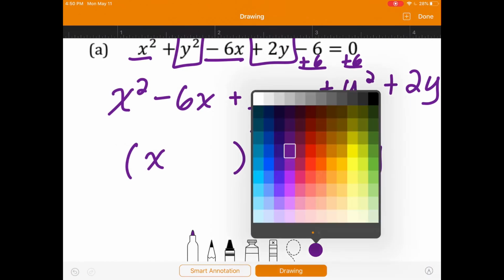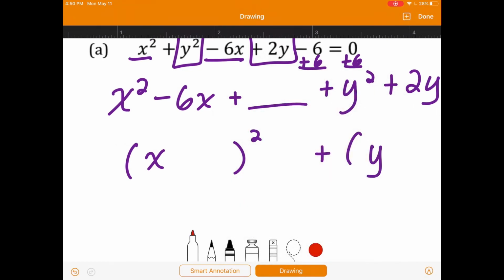If you take, I'm going to put it in different colors so we can see what's going on here. So we've got -6. If we divide that by 2, we get -3. And then if we square it, then we're going to have 9.